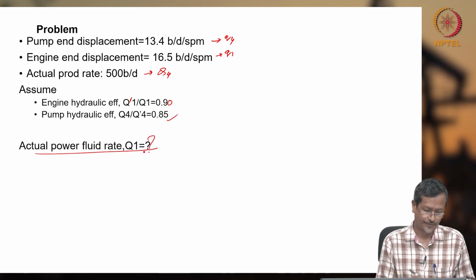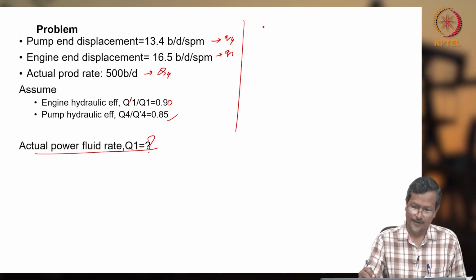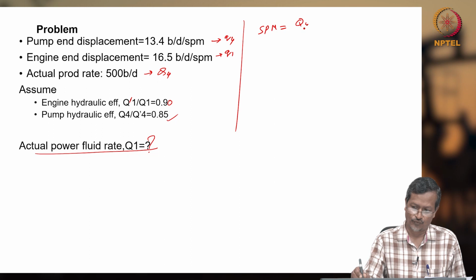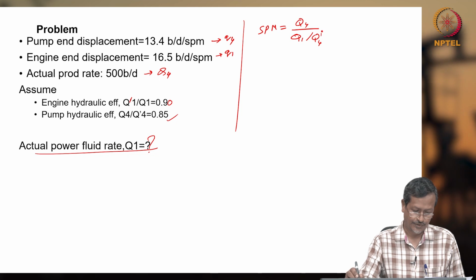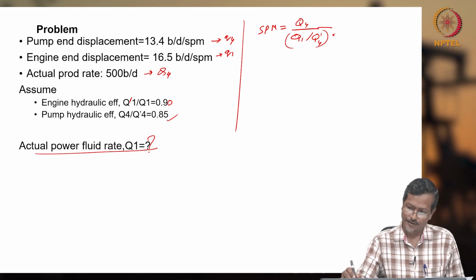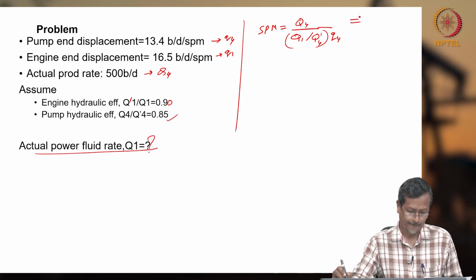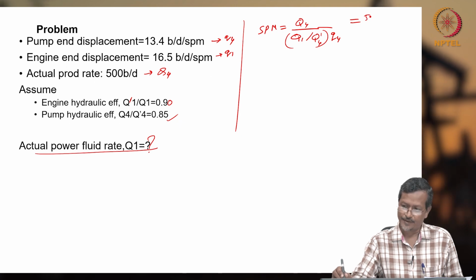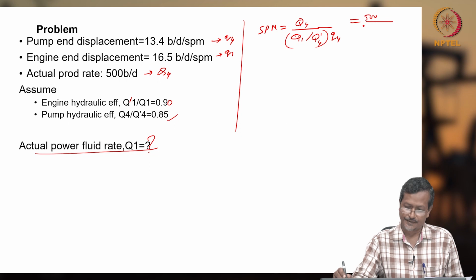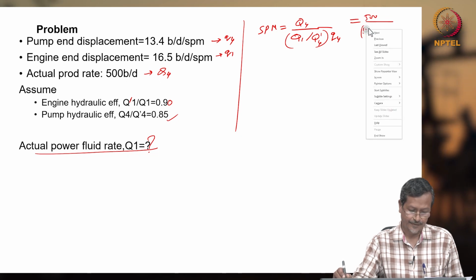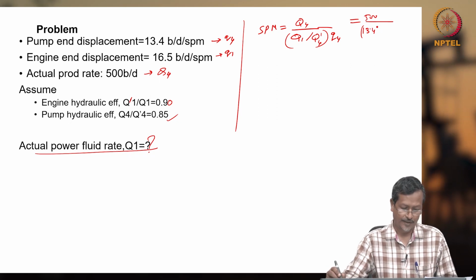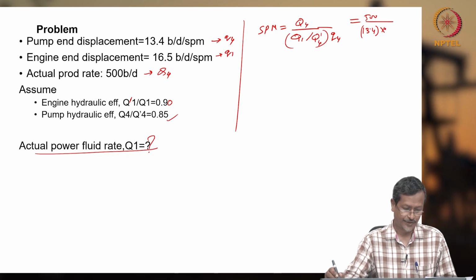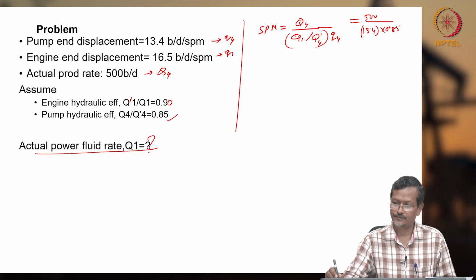The formula is SPM equals Q4 divided by q4 into Q4 dash by Q4, which is 500 barrel per day divided by 13.4, since q4 is given as 13.4, times 0.85.